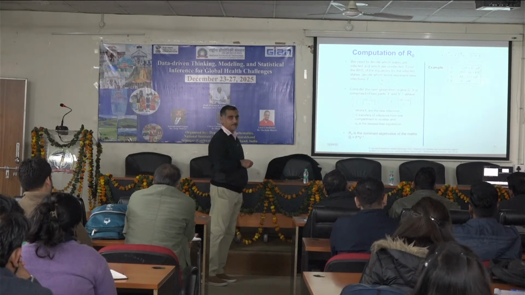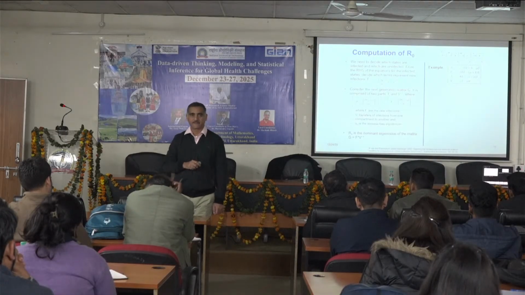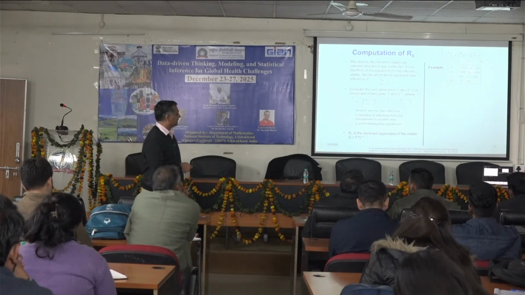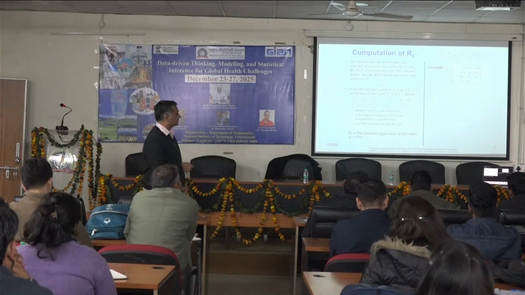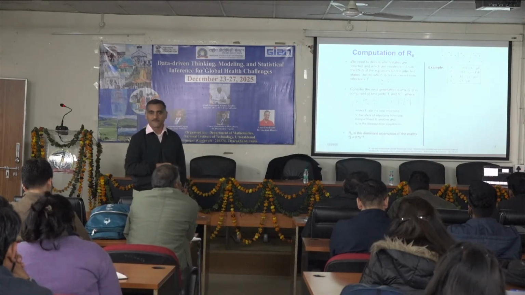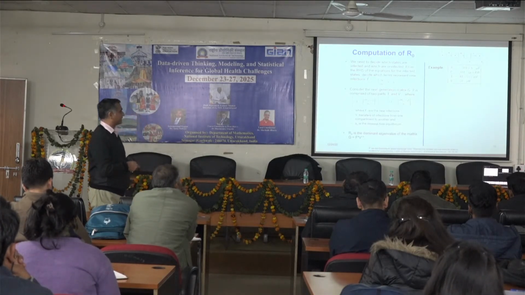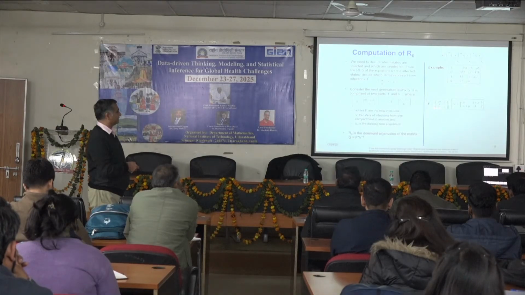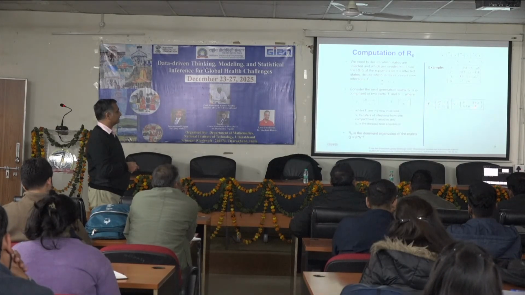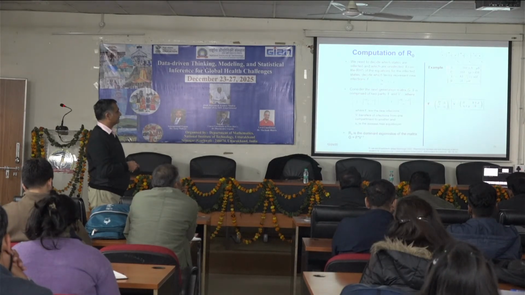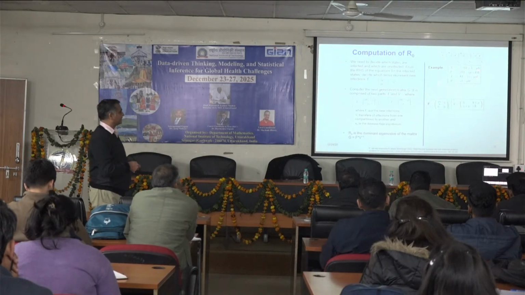Writing down equations is not difficult. It's just knowing the rates and writing down plus and minus appropriately in terms of the compartments. And then you compute F and V inverse. So what is the new infection here?